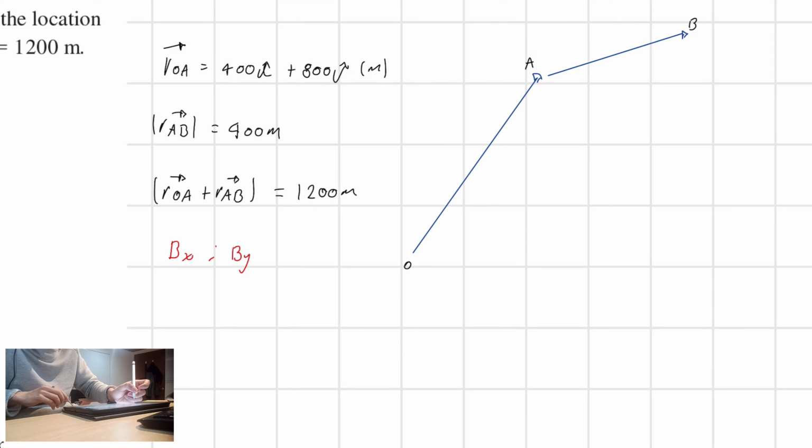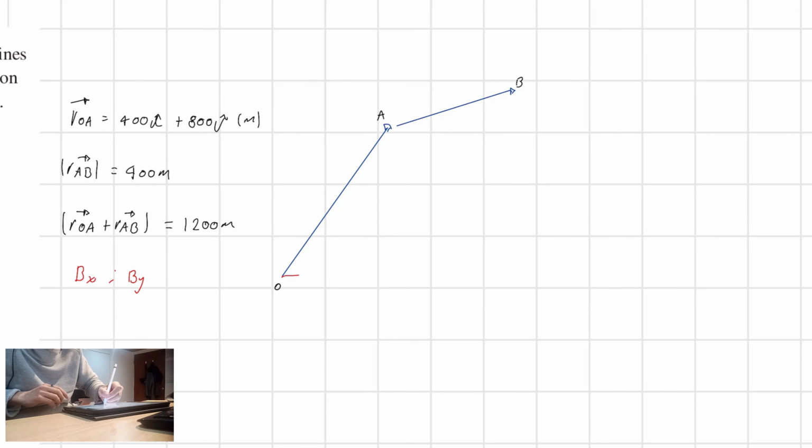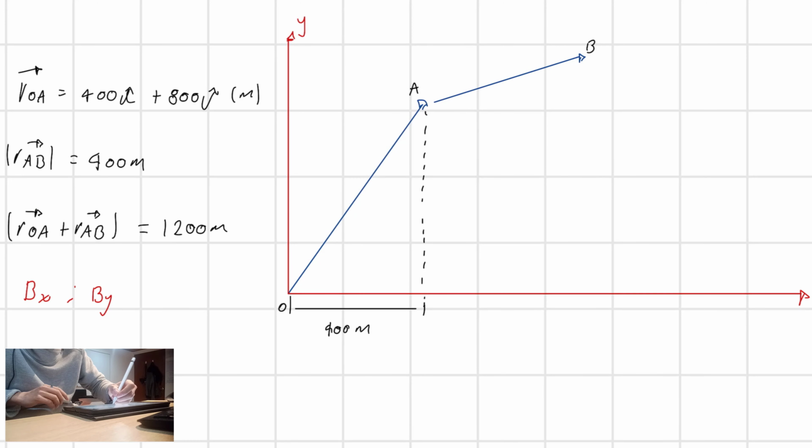Now, in the case of A, let me draw the Cartesian plane better. Right here we have X, and right here we have Y. Now, according to the vector, I can say that right here I have 400 units, meters in this case, and from here till here I have 800.